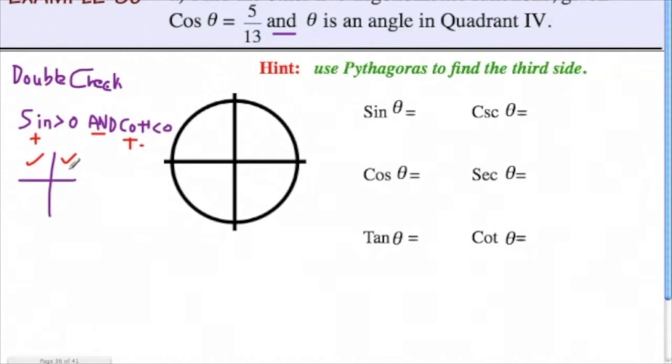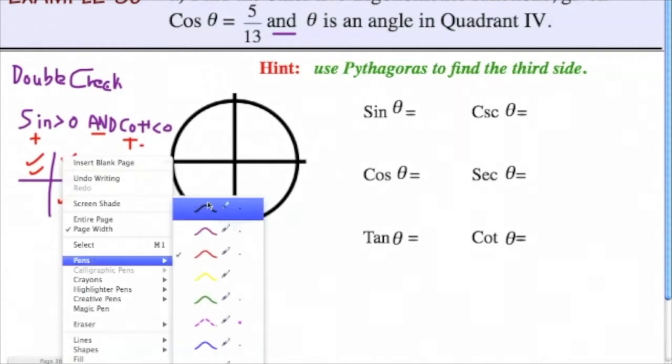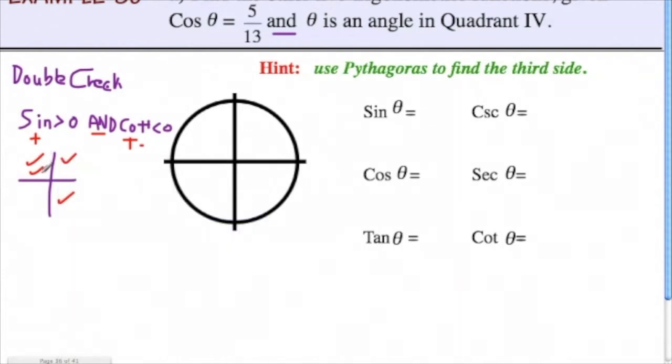If I do know my CAST rule, add sugar to coffee, it's here and it's here. Do you notice that in quadrant 2 you have 2 check ticks? So your answer is only going to be in that quadrant. So that's where you draw your triangle. It's very important you understand the "and" in this question.